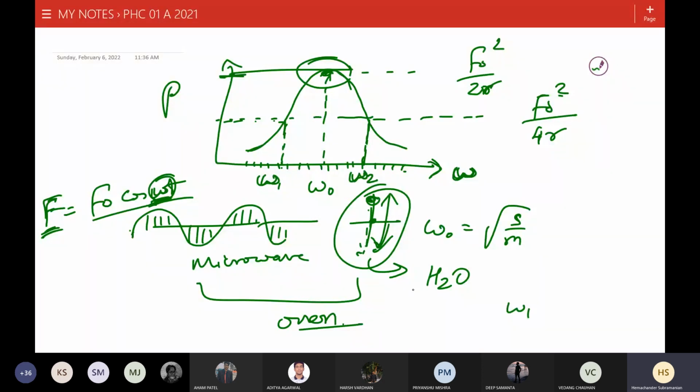Omega 2 minus omega 1 is the bandwidth. Does that make sense? Yes, sir. You cut the graph at half of the maximum value, drop these lines down to the x-axis, find where these frequencies are, and the difference between these frequencies is the bandwidth.